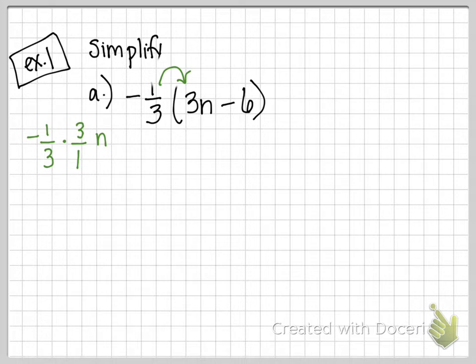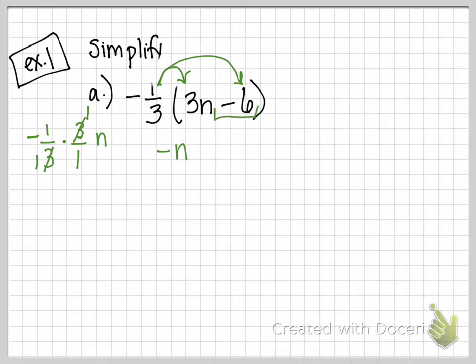You just deal with it the same way you multiply. Okay, so multiplying fractions. So when we do this, -1/3 times 3 over 1, we can cross simplify. So then we just get what? Negative n, -1n, or -n, right? It's always times. Then we do -1/3 times what? 6 over 1. What kind of 6? -6.